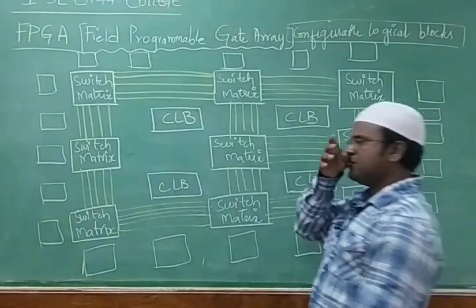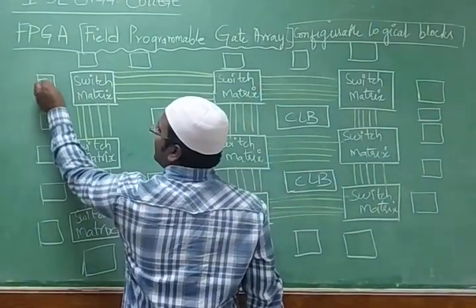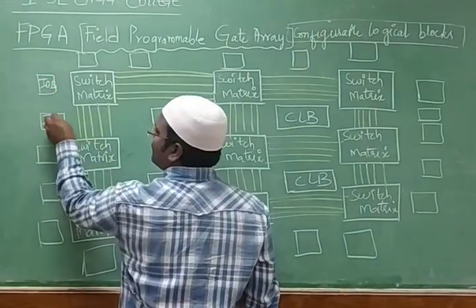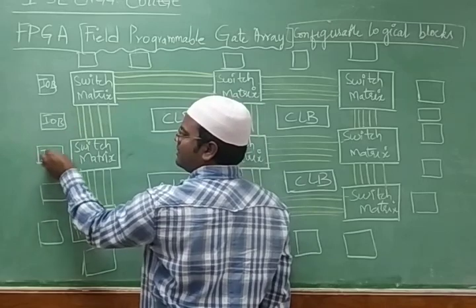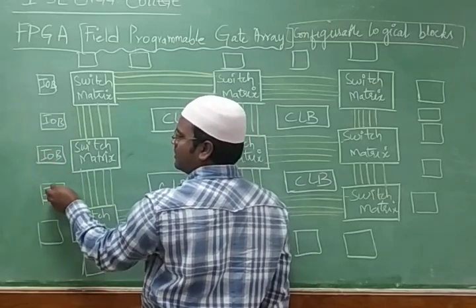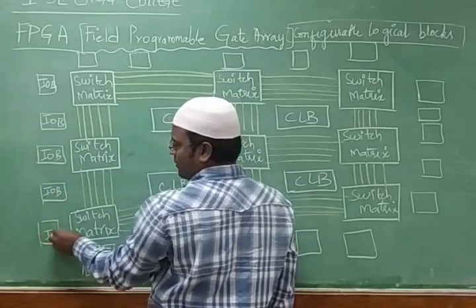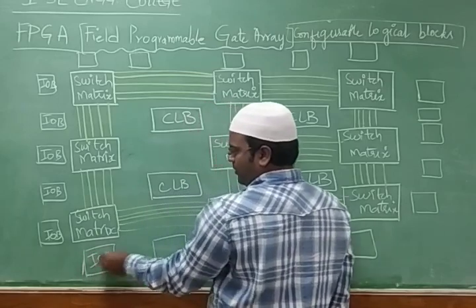What about this thing? This is called IOBs. These are input output blocks. So wherever a switch matrix is there, wherever the line is there, you need to write the IOBs. So this is nothing but input output blocks, which is going to give the input output interconnections.